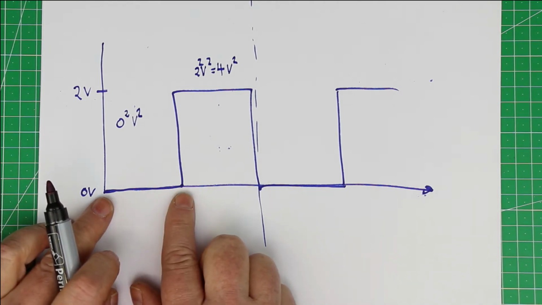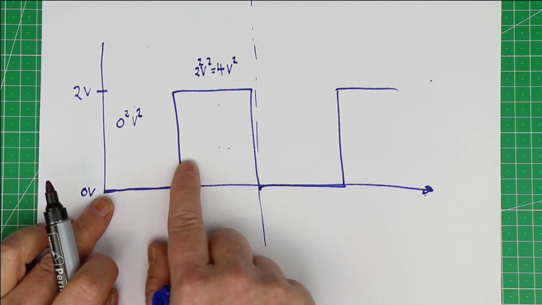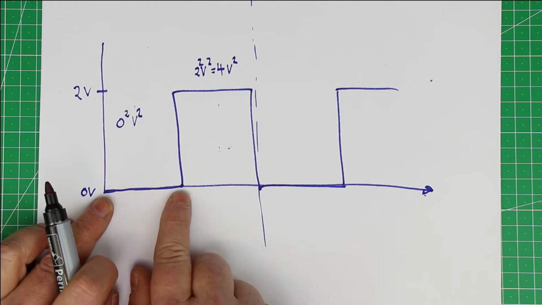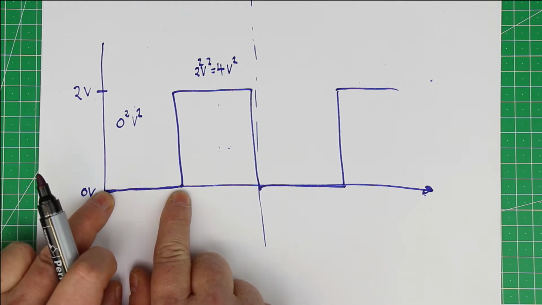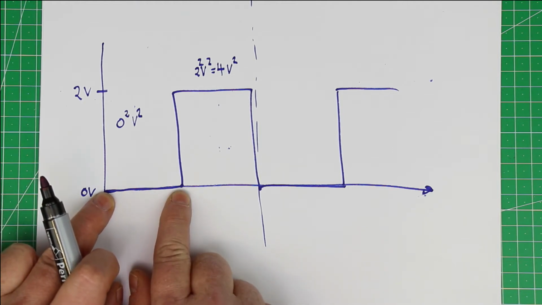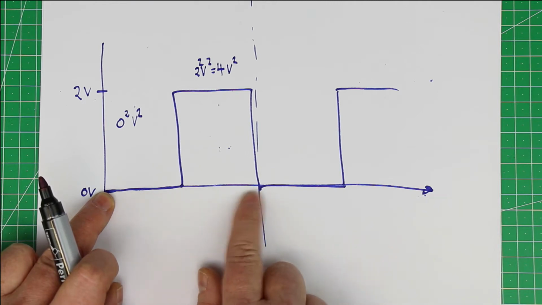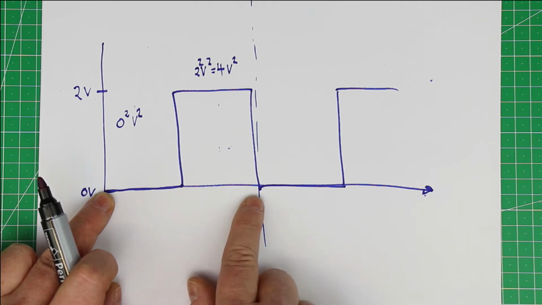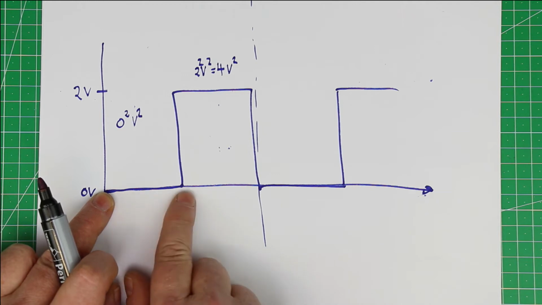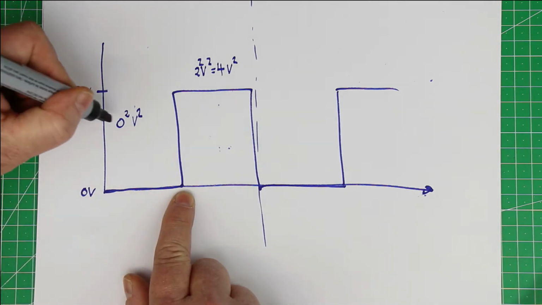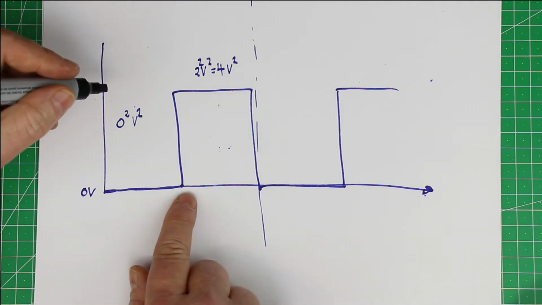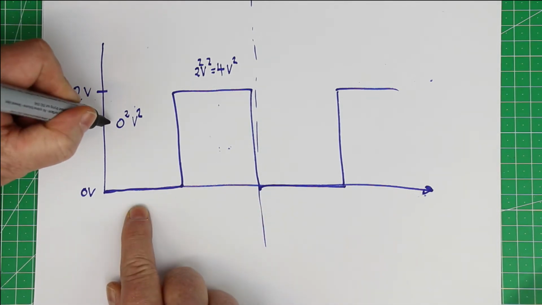Now, to take the mean value of these two, we still have to multiply them with the relative part of the time that the voltage is present. This is also very simple here because it's a symmetrical square wave.